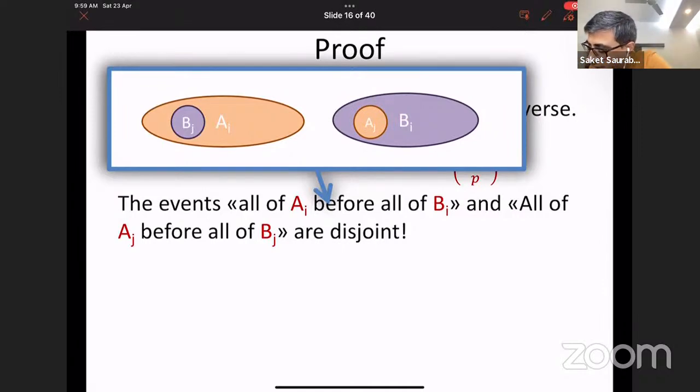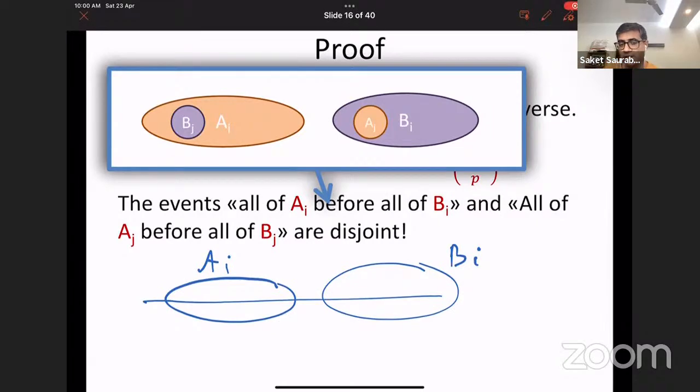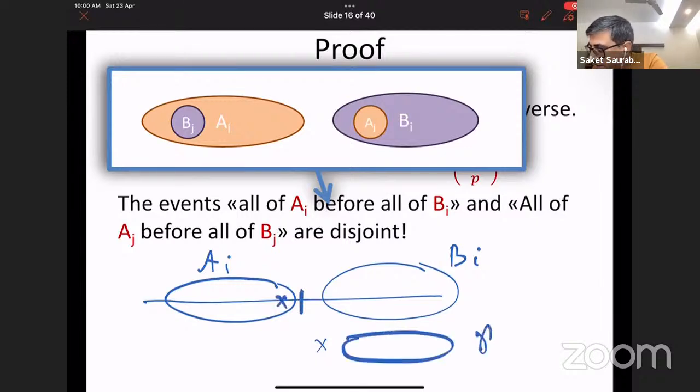Or in other words, look at this. Here is your permutation, here is your AI first, okay? And here is your BI after. Now you know that all of AJ also occurs before BJ on the same permutation. Now look at the last element of AJ. Suppose it is after the last element of AI, then every element of BJ is here.